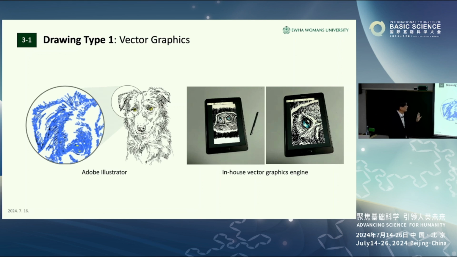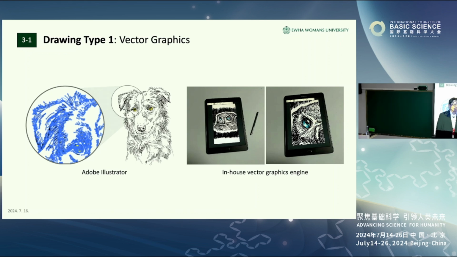Again, the very obvious choice for creating a drawing path is done by the artist. So you can use existing vector drawing input, such as Adobe Illustrator, or in our case, we have our in-house vector graphics engine.